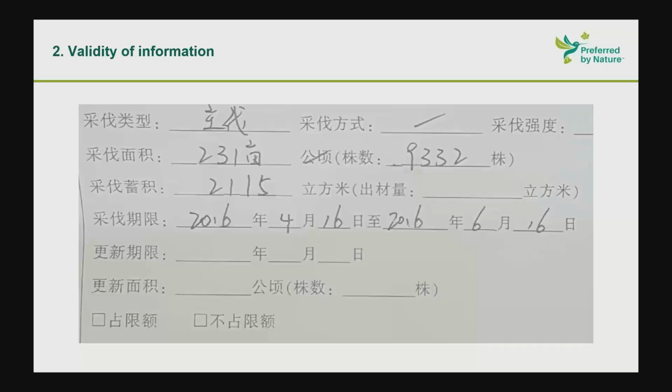I'll just let you look at this document for a few seconds and then run another poll to see if you've seen anything strange on these documents, if you're able to pinpoint it. It's much less obvious, but okay, I'm going to run the poll now. I hope you had enough time.